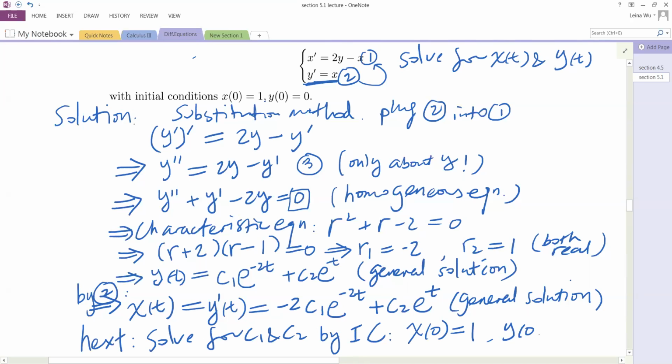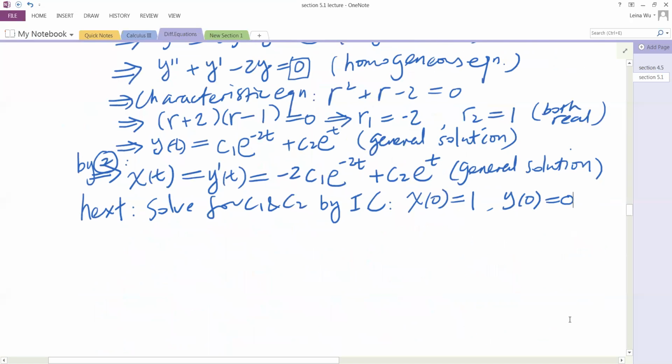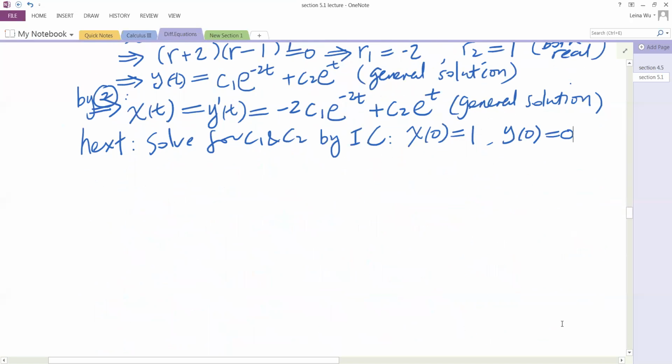The other one is y of 0 equals 0. Let's plug in 0 for x and y. So x of 0, plug in 0, I get negative 2c1 plus c2 equals 1.